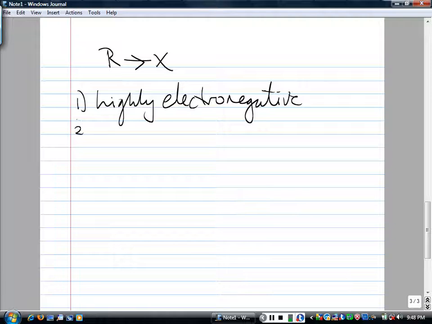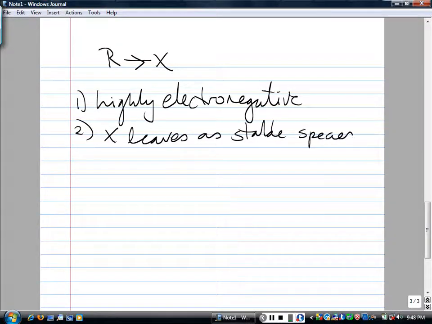The other factor is that when X leaves, it has to be a stable species. In other words, the more stable X is when it comes off, the more likely RX is to break up to form it. So how are these factors going to play a role in this reaction?